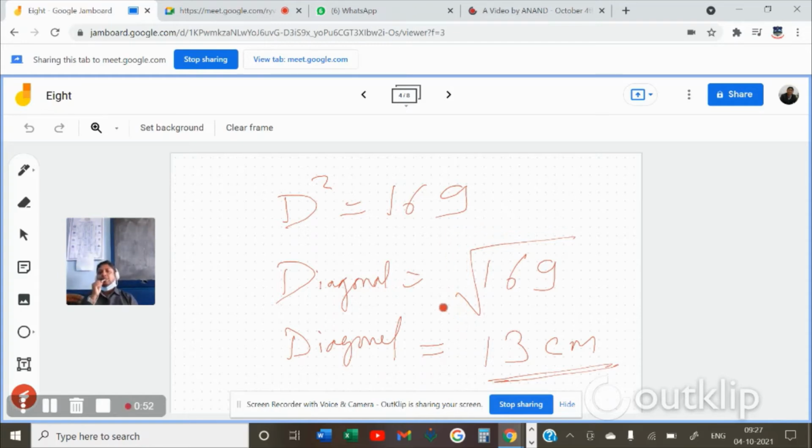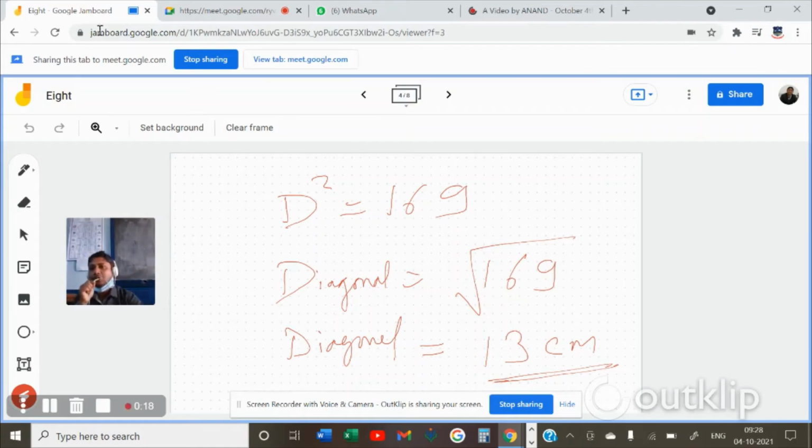So now you can tell me, what is the square root of 169? 13. 13 into 13 is 169. 12 into 12 is 144. 9 into 9 is 81. So square root means which number, if multiplied twice, will give you the number. So 169, if you take out the square root, because you know how to find the square root now, you will get 13. Is this clear?